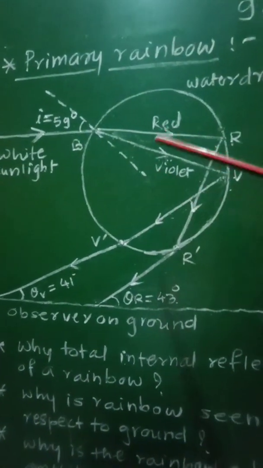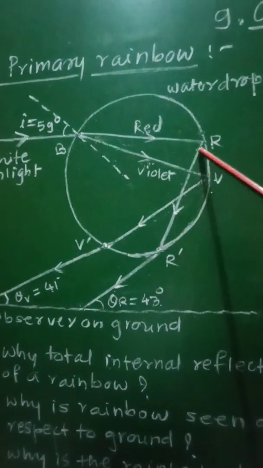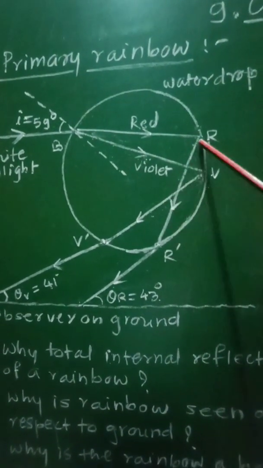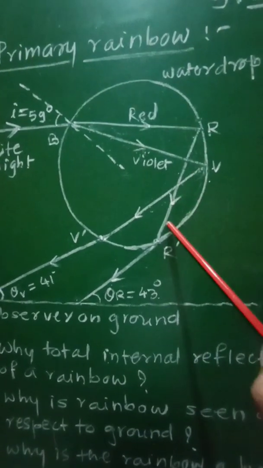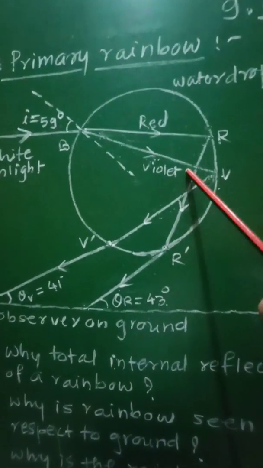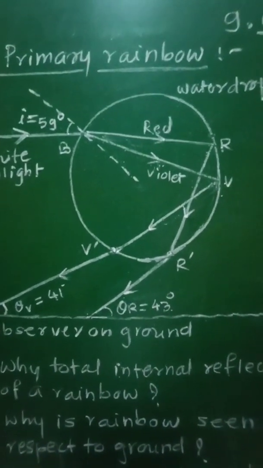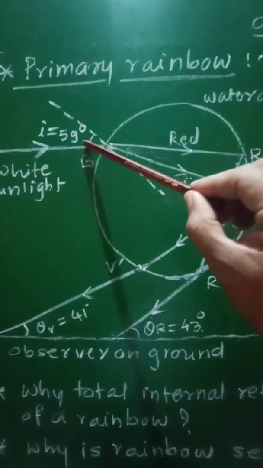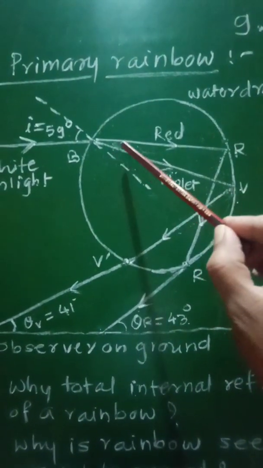So in this way, in the formation of the primary rainbow, only one reflection takes place internally, that is, only one internal reflection. But again remember that it is not total internal reflection. Now, as this angle of incidence is there, these angles will be here.